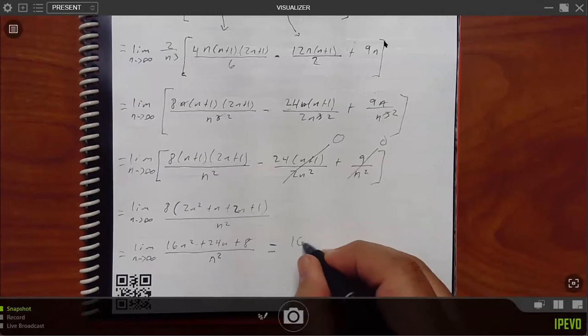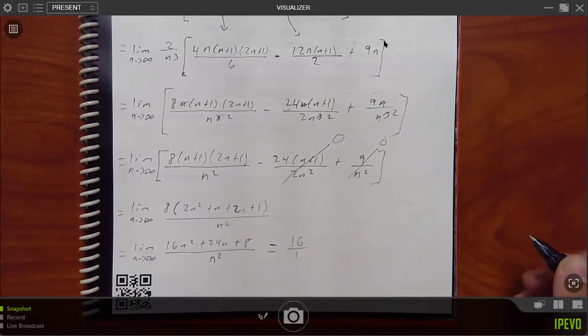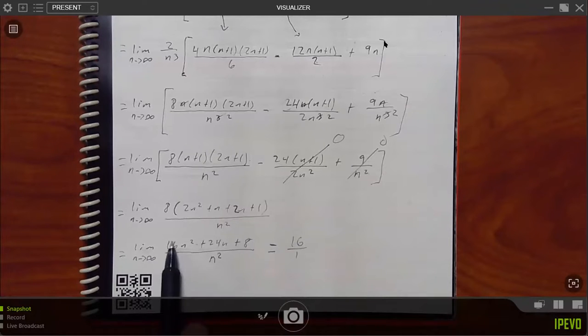Yeah, it should be 16. How do we get that? Whenever you have matching degrees, you just divide by the coefficients. So we just ignore the 24 and plus 8. These are not growing as fast. Since these are growing the fastest, we only care about those.